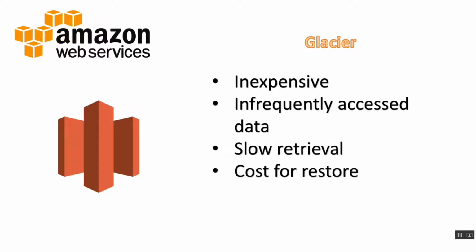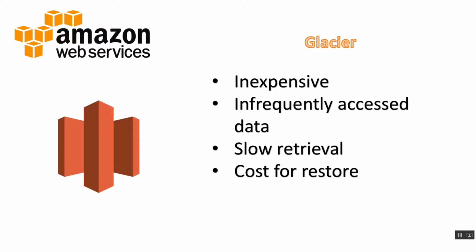So what is Glacier? You're familiar with S3. Glacier is not S3. Glacier is a secure, durable, and super low cost cloud storage, designed specifically for data archiving and long-term backup. Like we said, it's super inexpensive, as little as 0.004 per gigabyte per month.